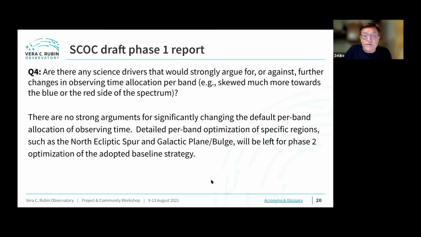And it turns out that there were no strong arguments for significantly changing the default. Once we have real data, then we will revisit again. And then special regions like North Ecliptic Spur or Galactic Plane and Bulge may have slightly different band allocation. Definitely North Ecliptic Spur, where we don't even plan to take U-band and Y-band data.